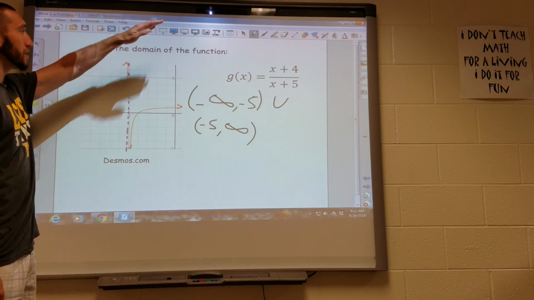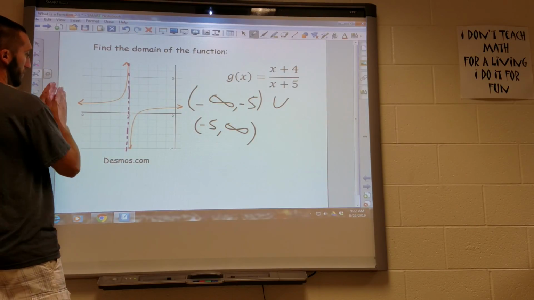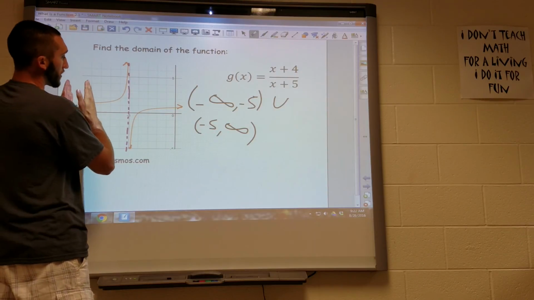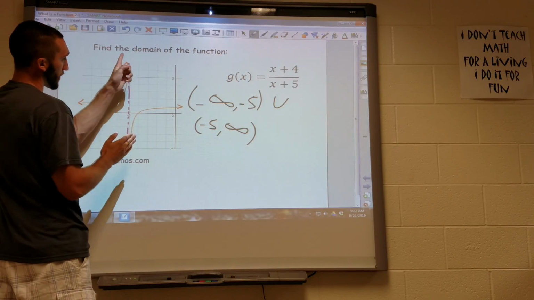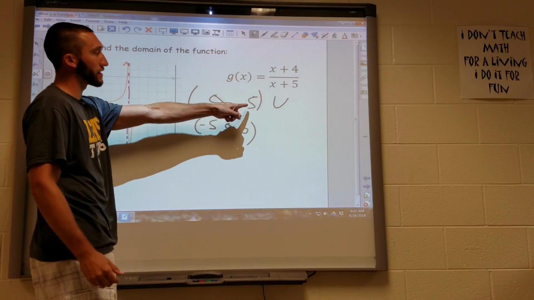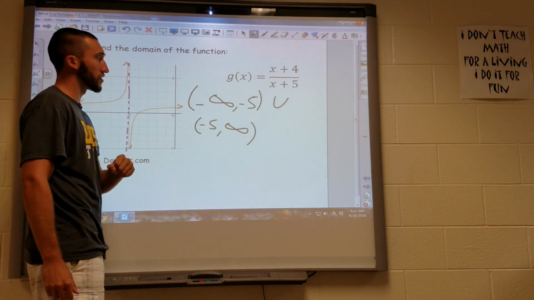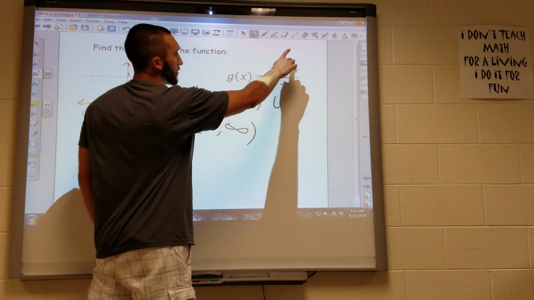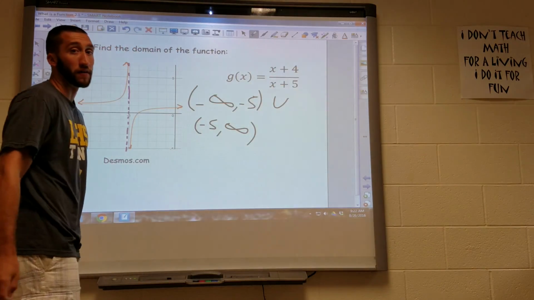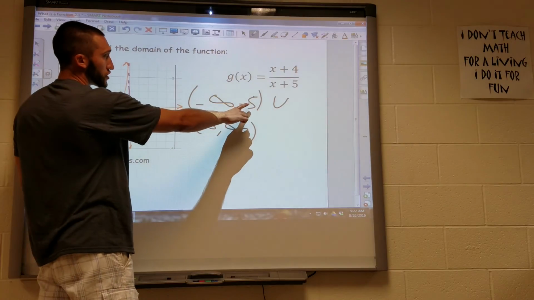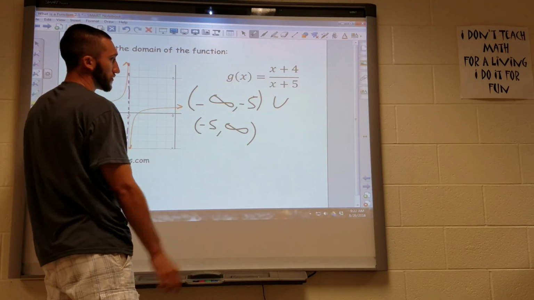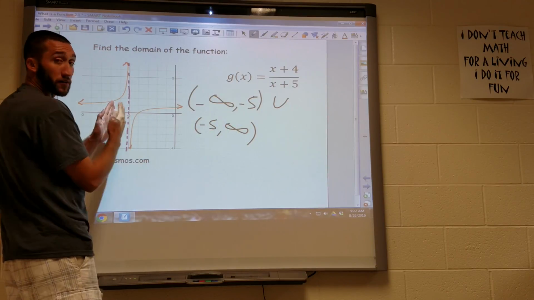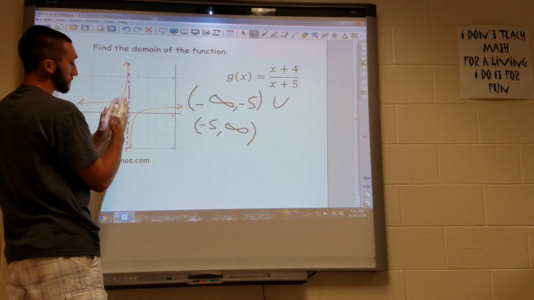So my domain of the function, I start at any negative number I want, bigger than negative 5, and as I get to negative 5, my function becomes undefined at negative 5, resulting in a parentheses there at negative 5. I can't include negative 5. If I plug negative 5 into my function, it's going to be undefined. That's why I've chosen here negative 5 with a parentheses. Can never touch it. But there's also a second part to my graph here.